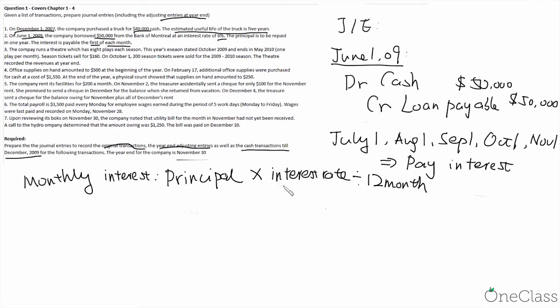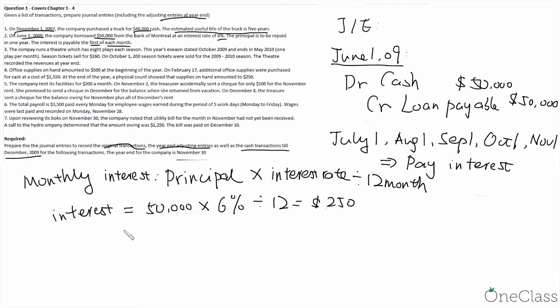Because the interest rate 6% is our annual interest, our monthly interest for this question equals the principal, which is 50,000, multiplied by the 6% and divided by the 12 months. So our monthly interest equals $250.